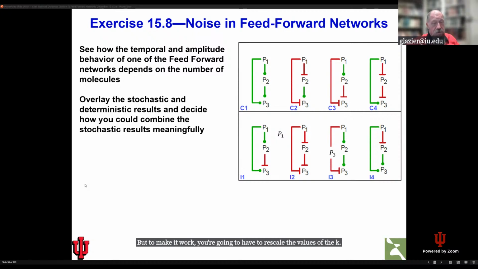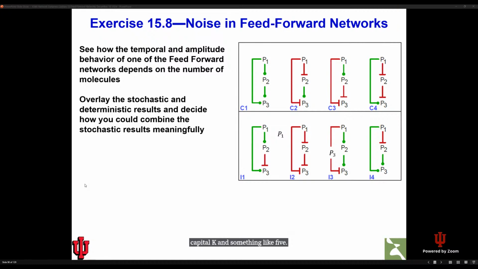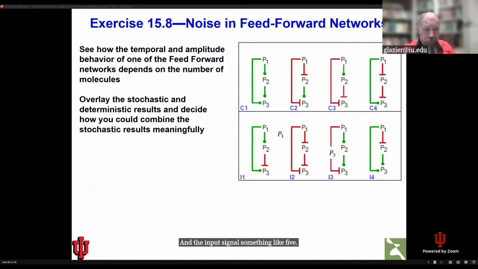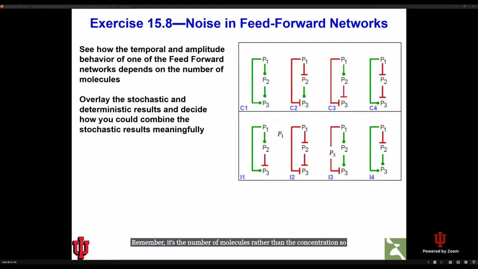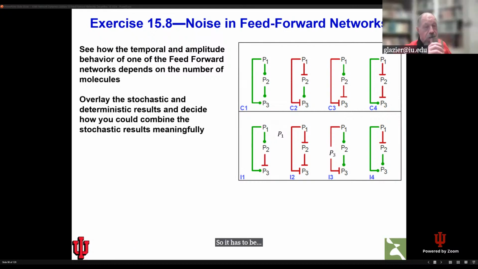Between 0 and 1 won't work, so you'll have to make capital K something like 5, and the input signal something like 5. Remember, Gillespie works with the number of molecules rather than the concentration, so it has to be a number bigger than one.